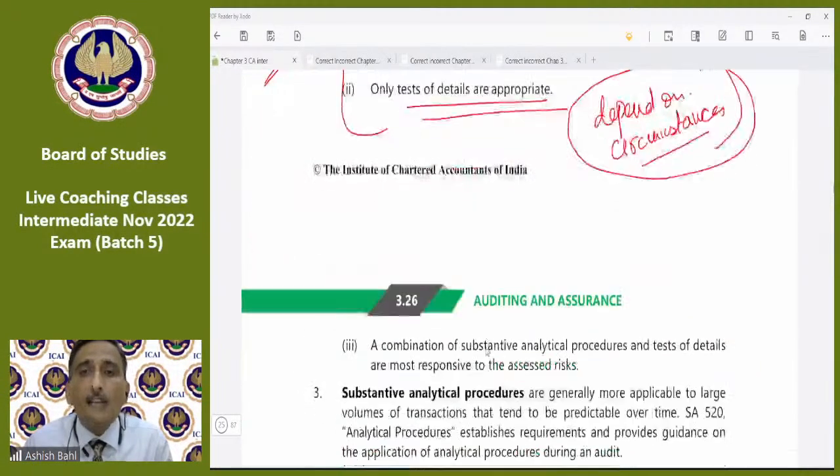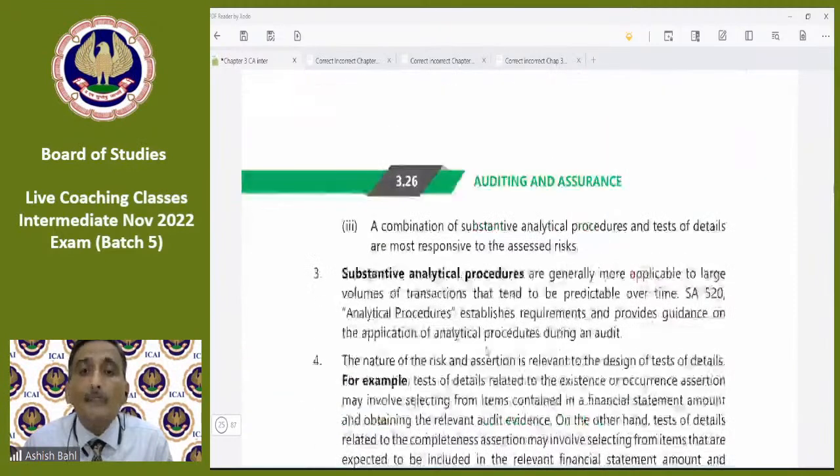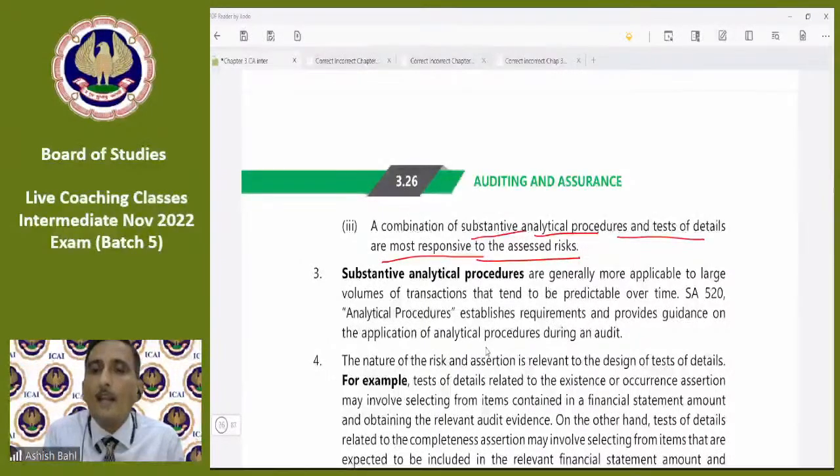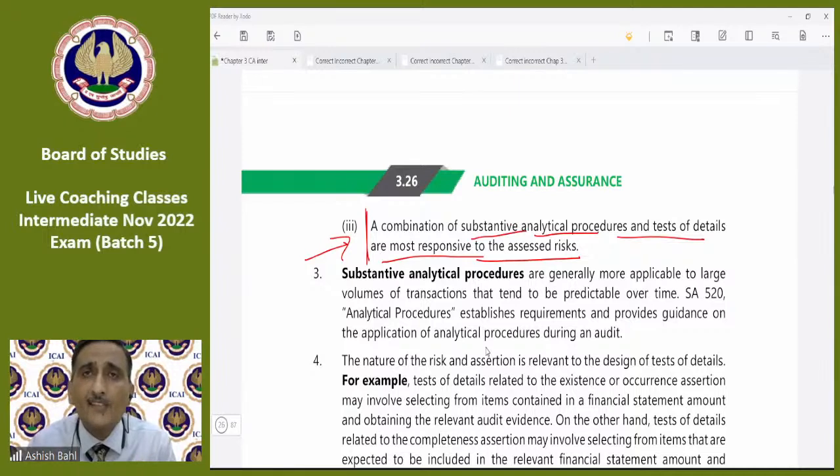Or the auditor may think that a combination of substantive analytical procedures and tests of details is most responsive to the assessed risks, the risk of material misstatement he assessed at the beginning.